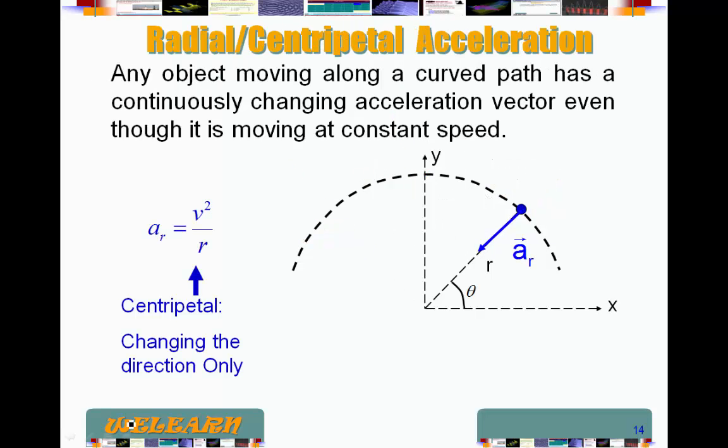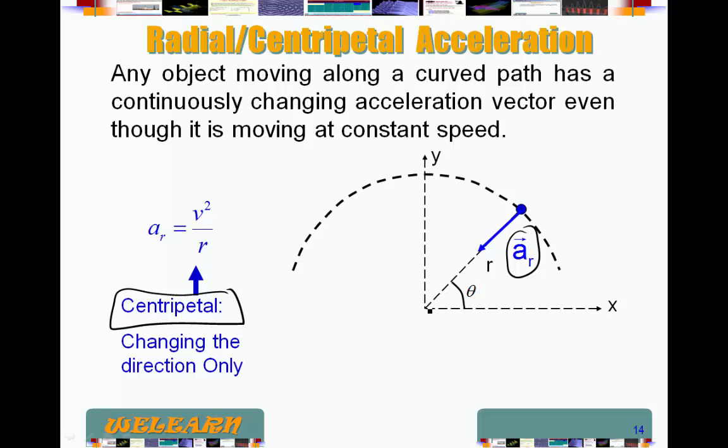In other words, for an object moving at a constant speed in a curved path, the acceleration is going to point radially inwards, like this blue arrow here. I'm labeling it as a sub r with an arrow on top of it. We call that acceleration centripetal. Why do we call it centripetal?